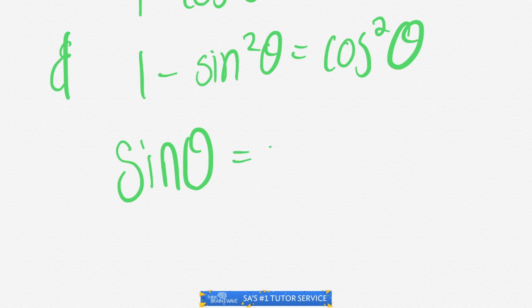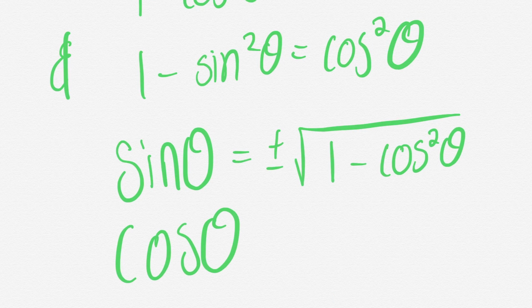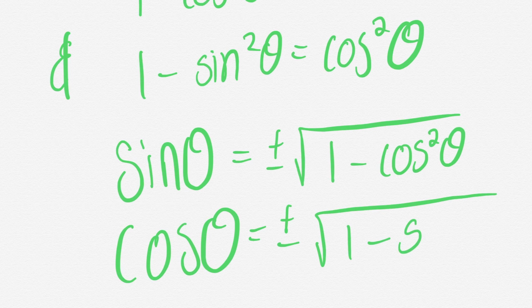So, sine theta is equal to plus or minus the square root of 1 minus cos squared theta, and cos theta is equal to plus or minus the square root of 1 minus sine squared theta. Another two very good identities to remember. That's it, easy game.